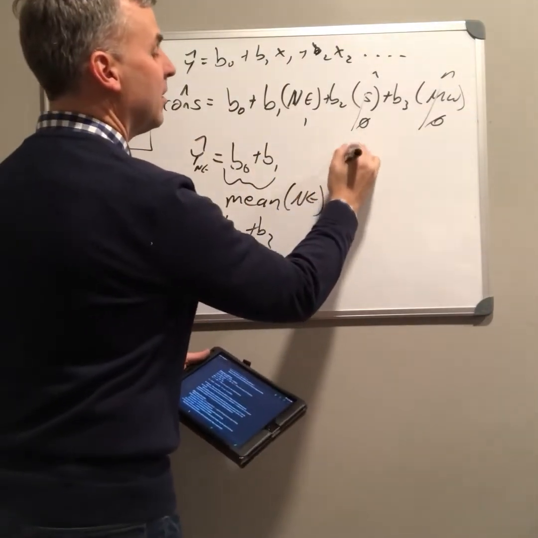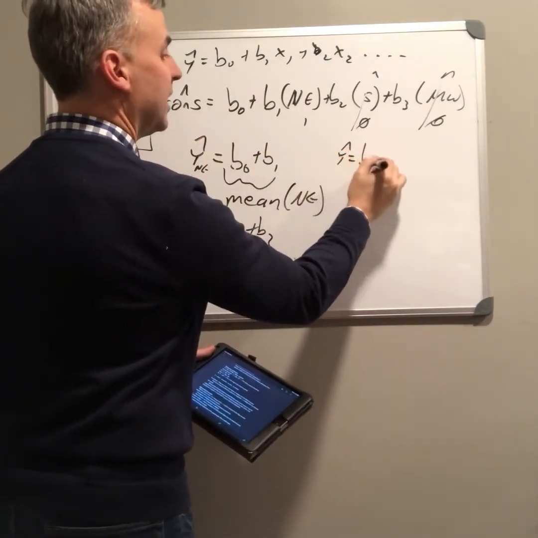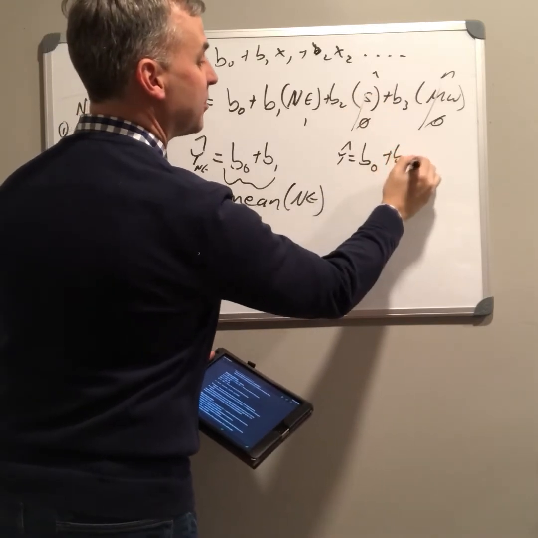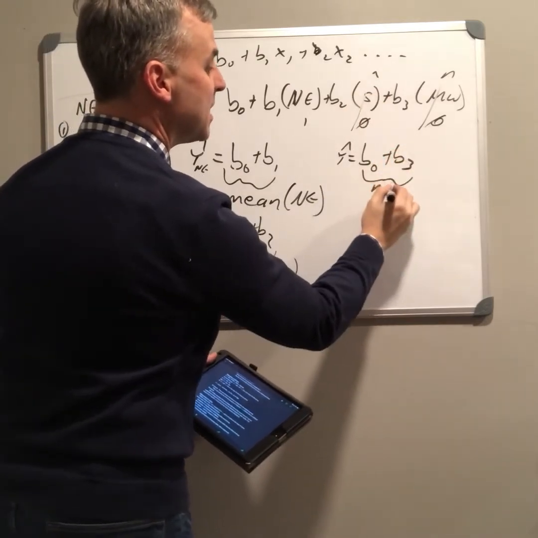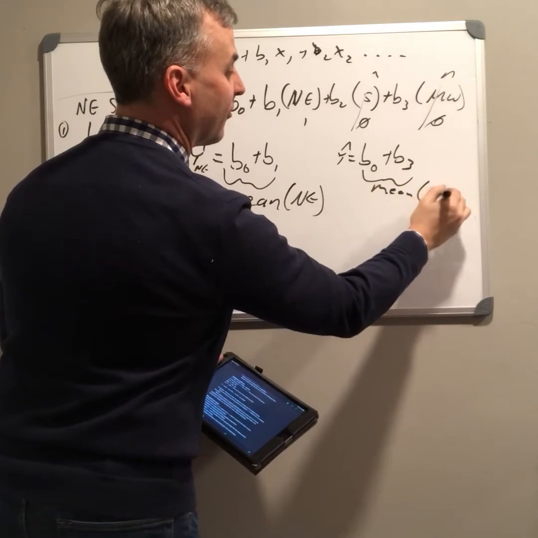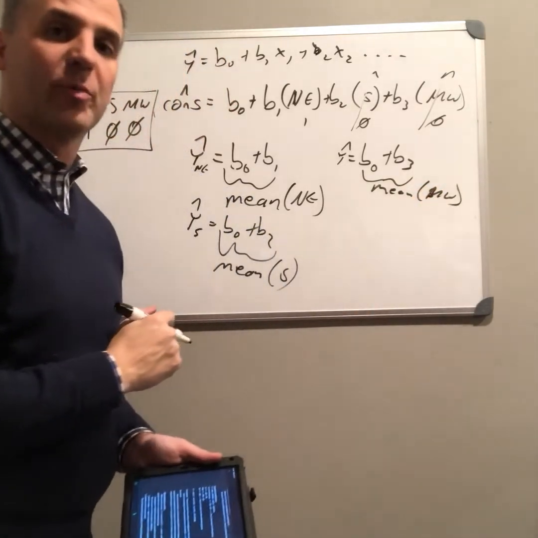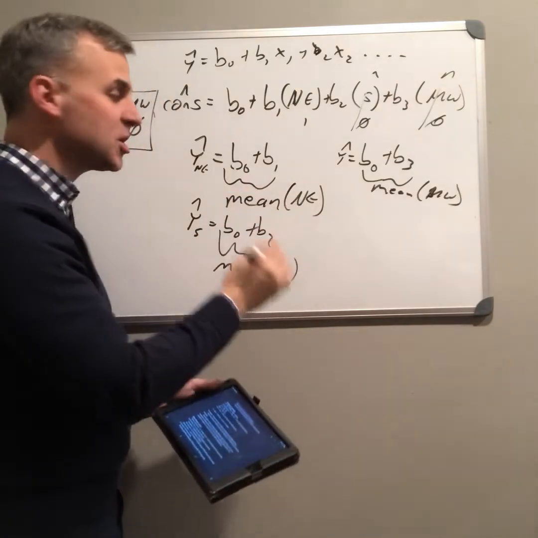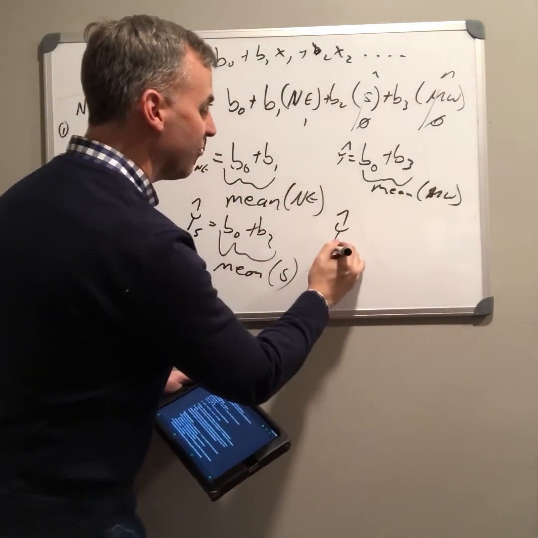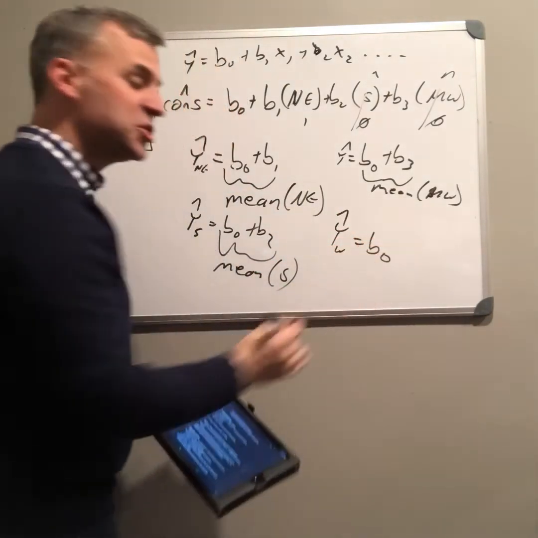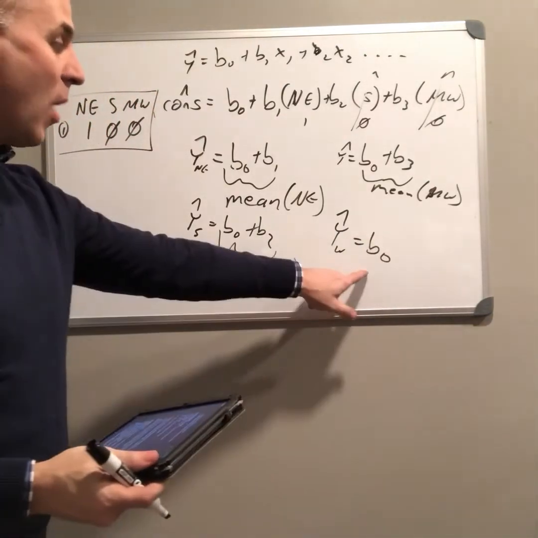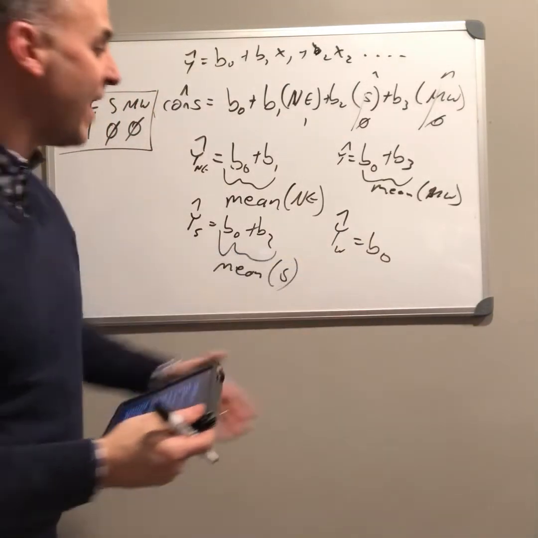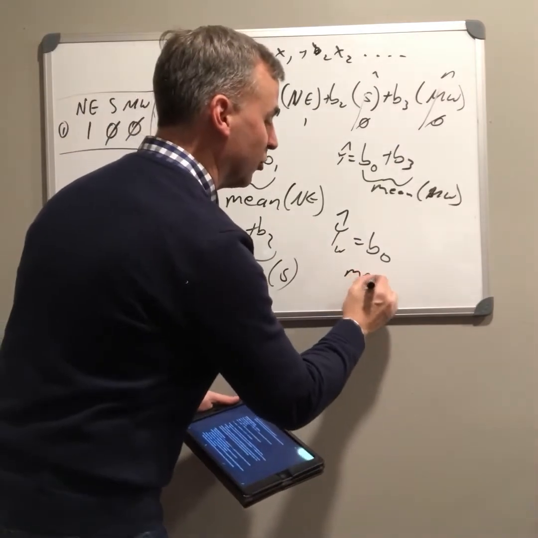If you're from the Midwest, it's b sub 0 plus b sub 3. This is the mean for people from the Midwest. That's the mean for that group of conservative values. And these are our three. We also have our expected value of being from the West, which is just the y-intercept. The y-intercept here is the mean value for our reference group.